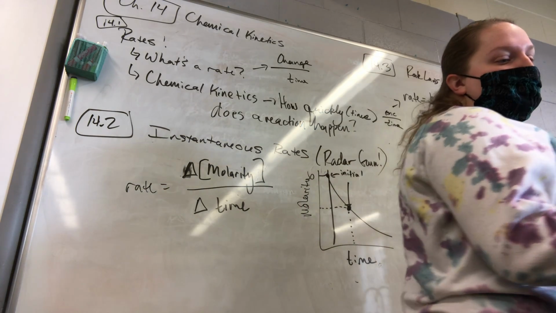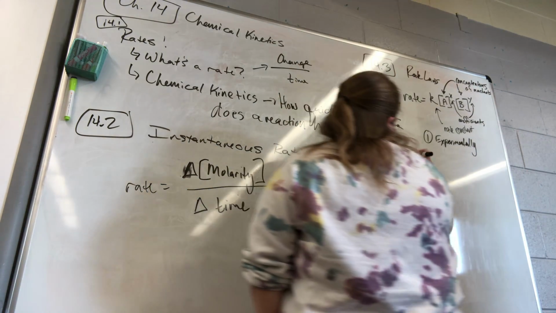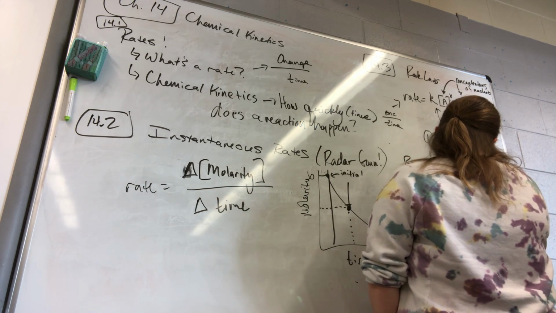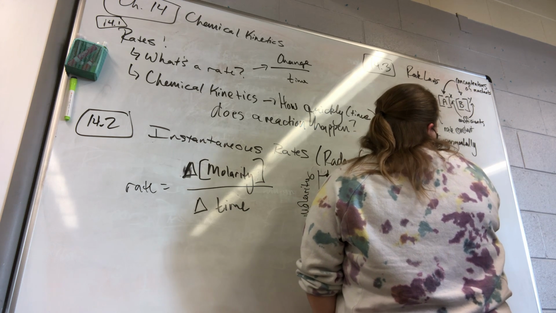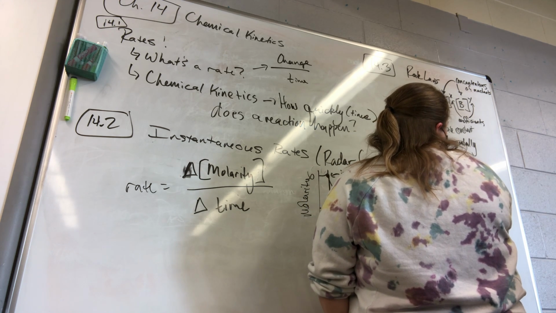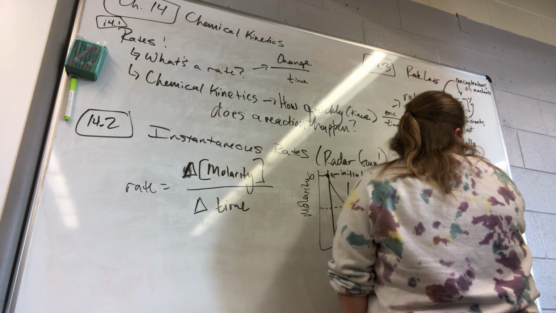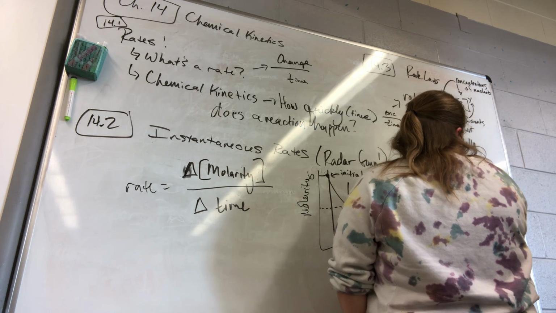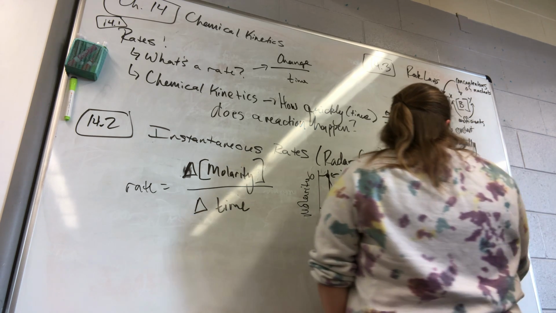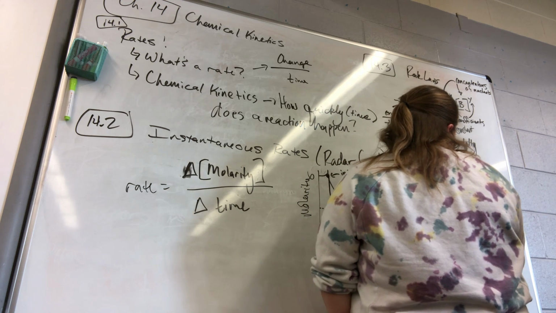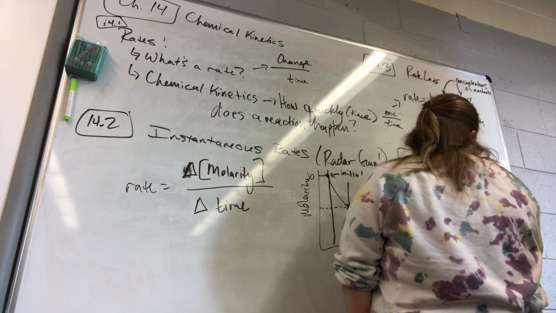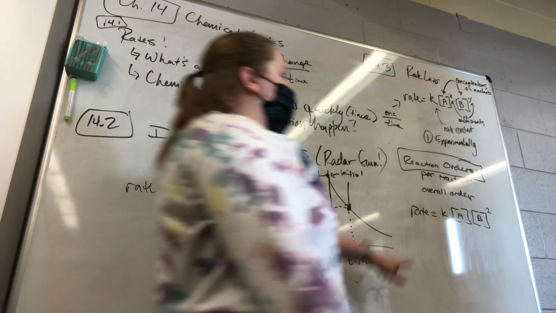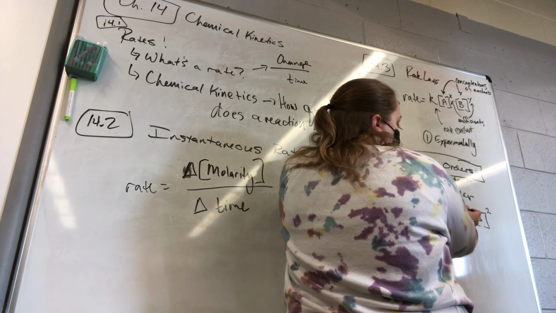Aside from rates, another way that we can talk about this involves reaction orders. So what information can we get from this? First order, second order. Right, so we can do it per reactant, or we can do overall order. So if we get this, what is the reaction order with respect to A?